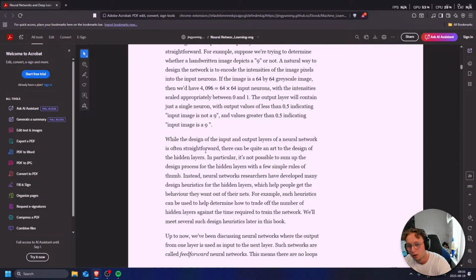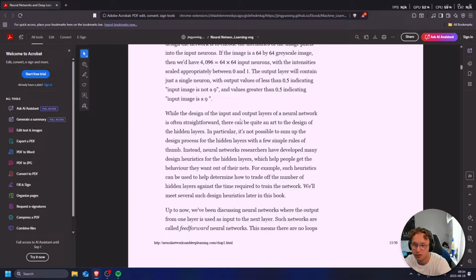While this design of the input and output layers of a neural network is often straightforward, there can be quite an art to the design of the hidden layers. In particular, it's not possible to sum up the design process for the hidden layers with a few simple rules of thumb.